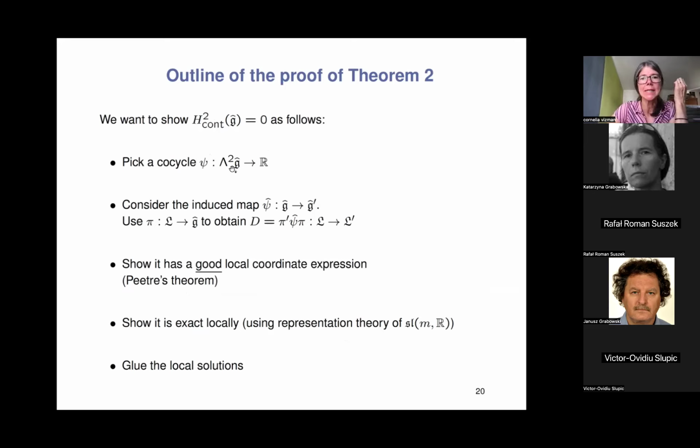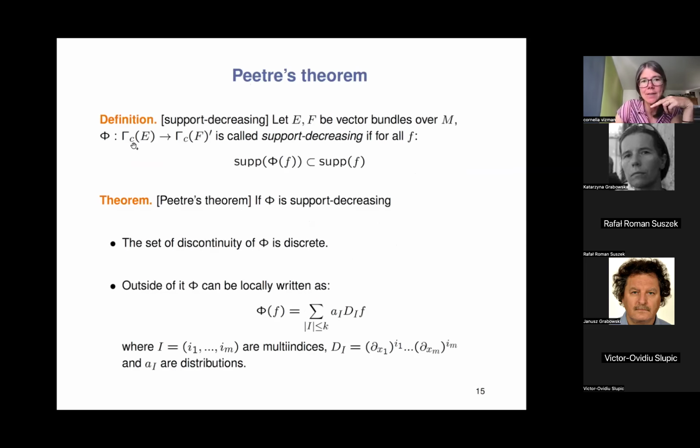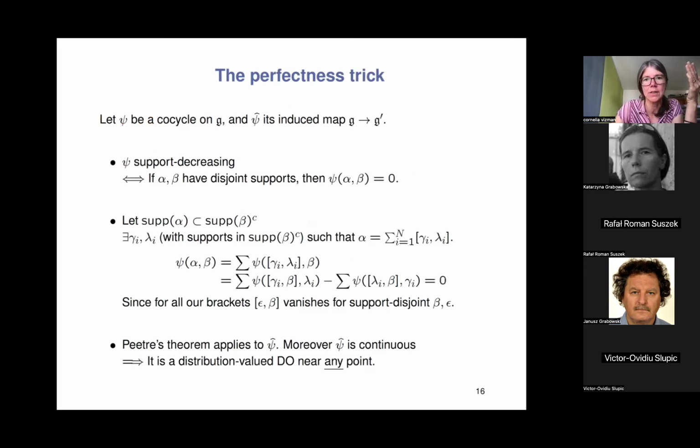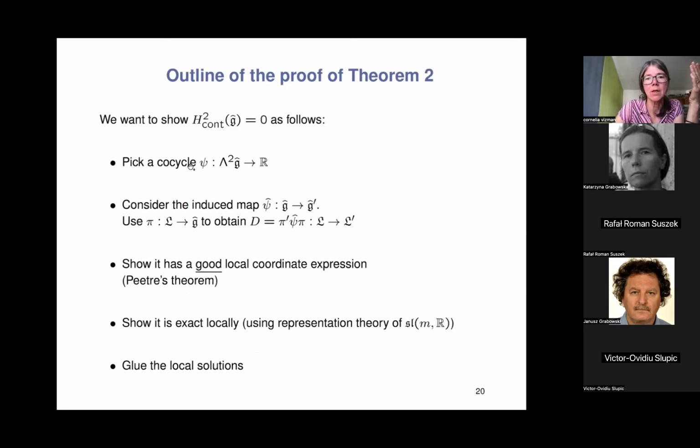We take a 2-cocycle, and then we have a map psi hat, and then we go to L. We pull it back to the Leibniz algebra, because L has the property that it lives on m-2 forms, which are sections of a vector bundle. So in order to avoid this quotient, we work on the Leibniz algebra, and then we can use Petri's theorem.